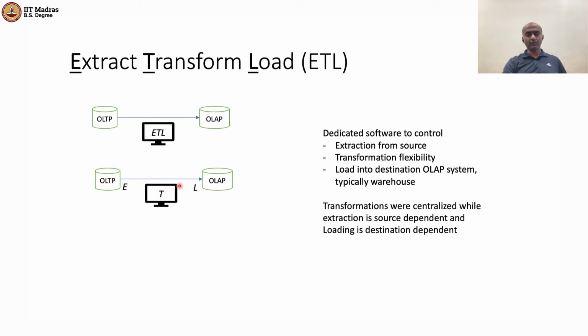Now, the transformations that happen in the classical definition of ETL happen in this machine, and like I said, the data just flows through, gets transformed, flows back. So, in a sense, the transformations are getting centralized, and as a result, this has some advantages and disadvantages. We'll take a look at some of the disadvantages later on, but the advantage from the perspective of tooling was that you had effectively one system to control exactly how data was getting transformed.